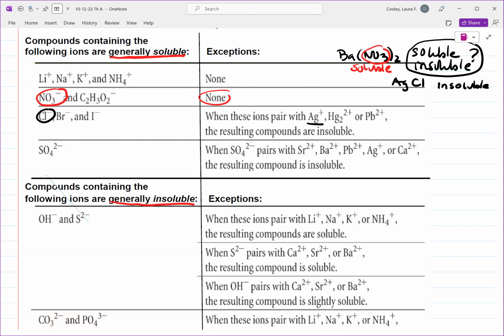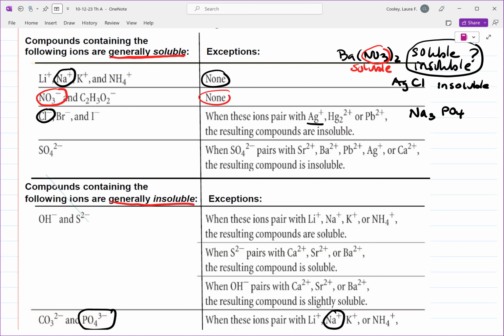Okay, let's try sodium phosphate. Yeah, you could either use this rule here: compounds with sodium are generally soluble with no exceptions, or you could go down here and see that phosphates are generally insoluble, but not when paired with sodium.